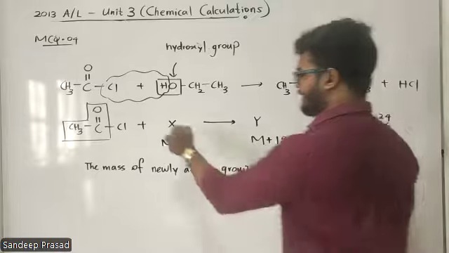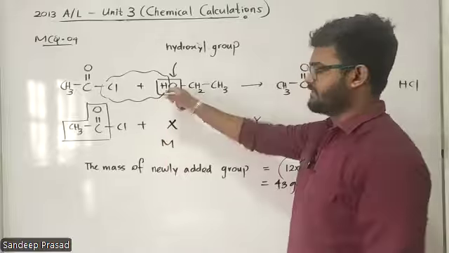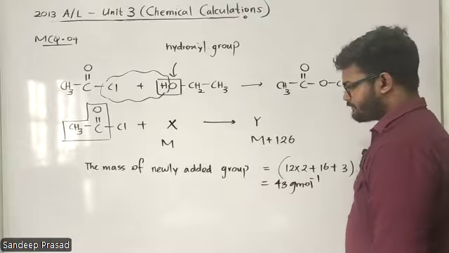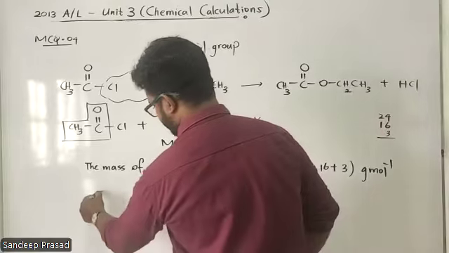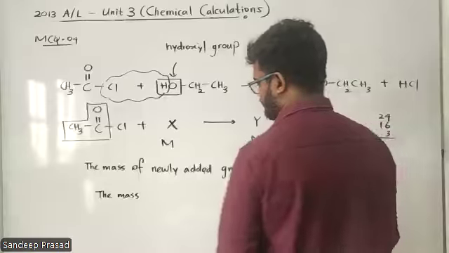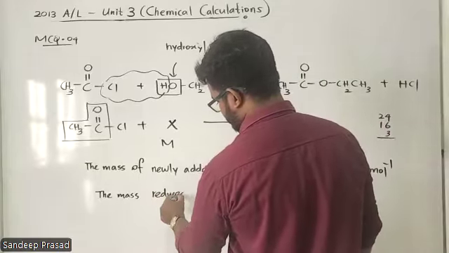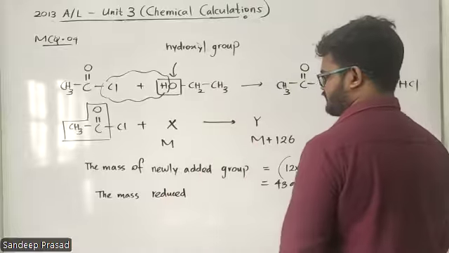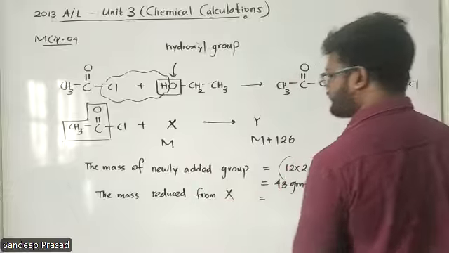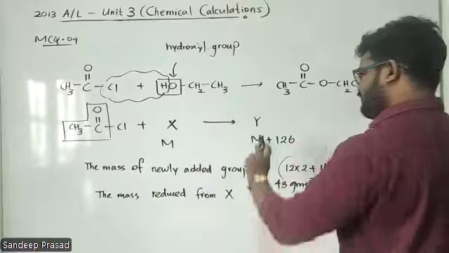Then from capital X, a group is removed from that compound. What is it? Hydrogen. Hydrogen is removed. Then I can see that the mass reduced from the compound, from capital X. If I consider one molecule, one hydrogen is removed from that one.